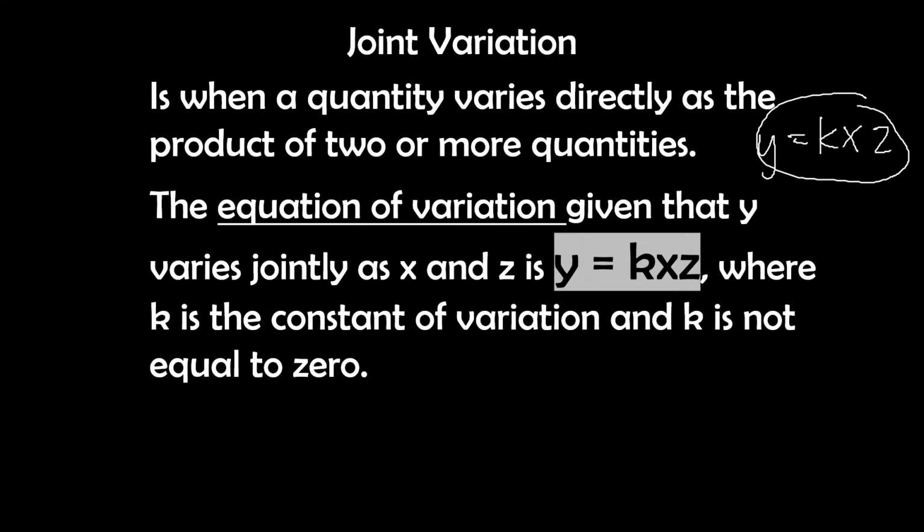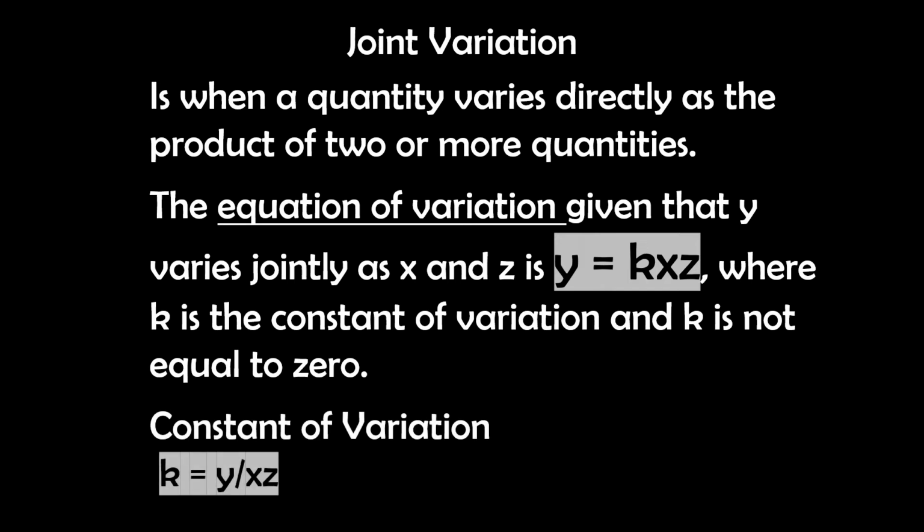Okay, so we have also the constant of variation. So what is the equation of constant of variation? We have this one. Constant of variation is k equals y over xz. Okay, ito yung equation niya. So paano ba kinuha yung k?